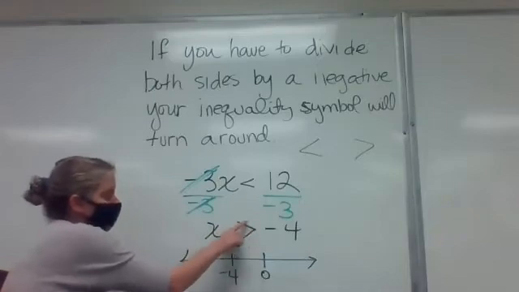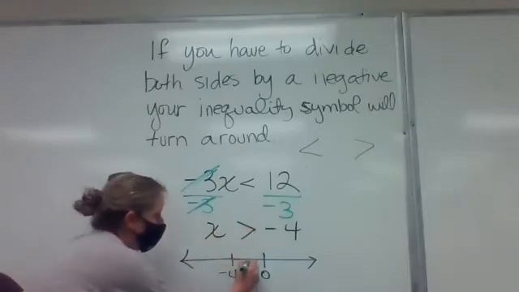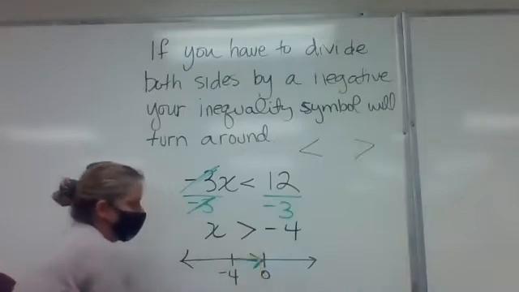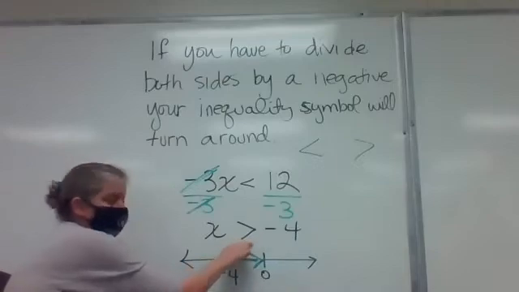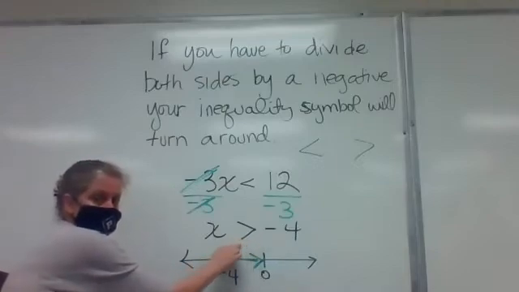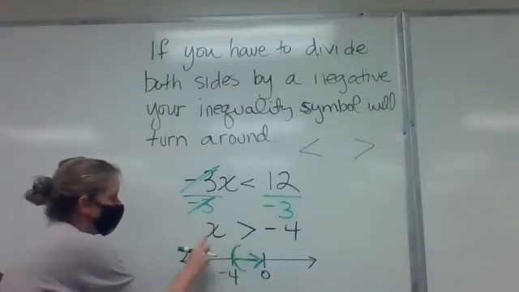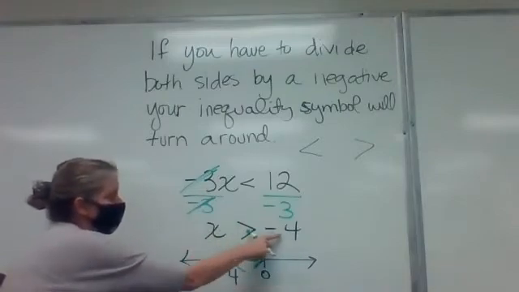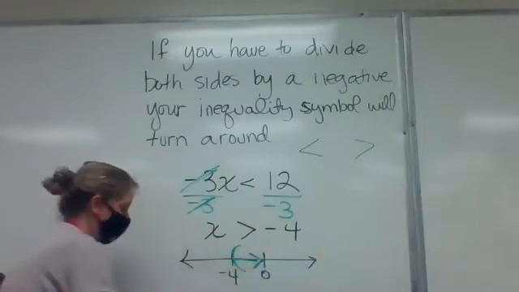My arrow points the same way as the arrow in my answer. So it's pointing to the right. It doesn't have the equal to bar, which means the negative 4 is going to have a parenthesis on it. So this says x is greater than negative 4, which means all the numbers to the right of negative 4.